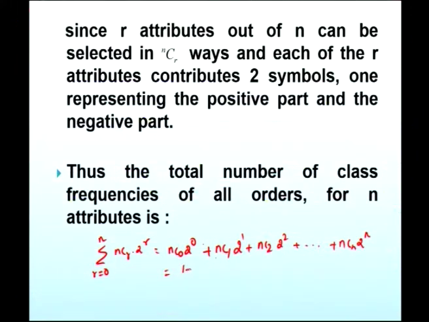This is all representing the expansion of a binomial series. Therefore, it is 1 plus 2 whole power n, like a plus b whole power n. This is equal to 3 power n.